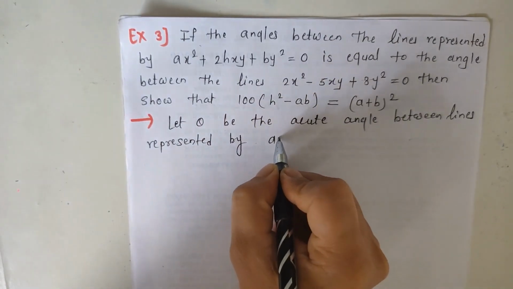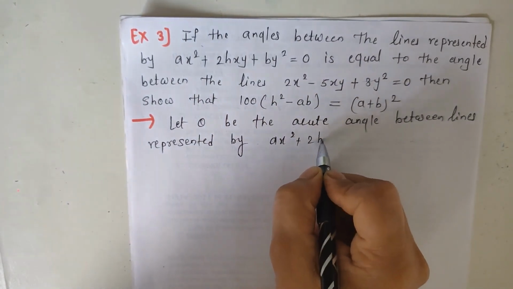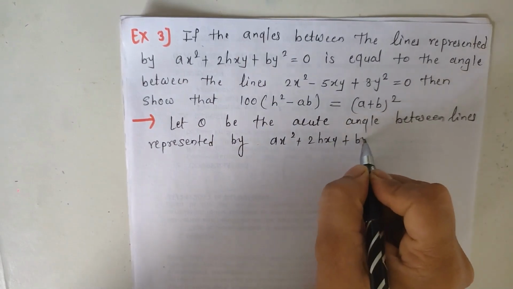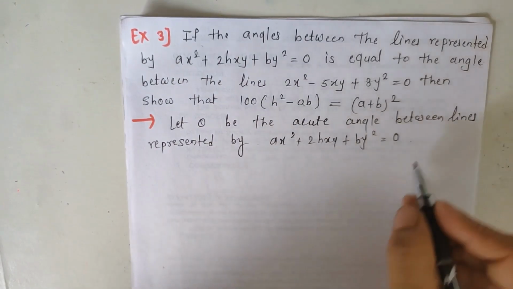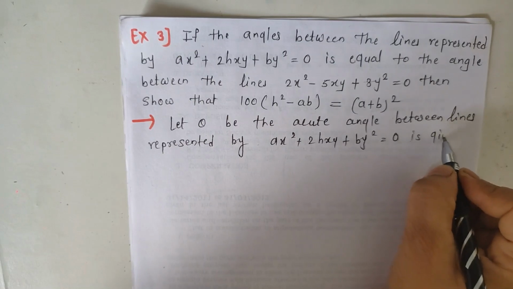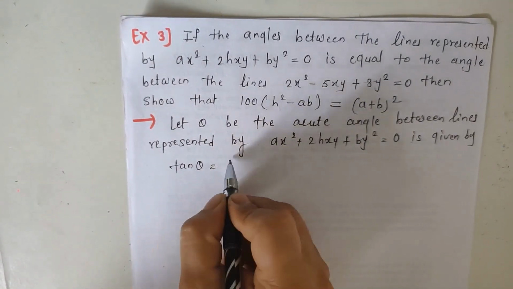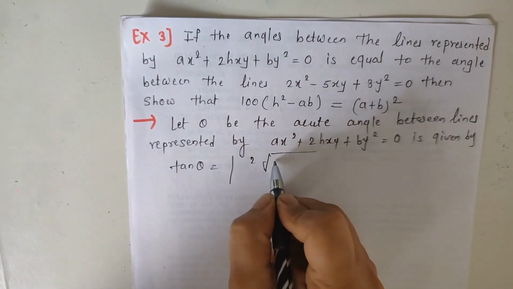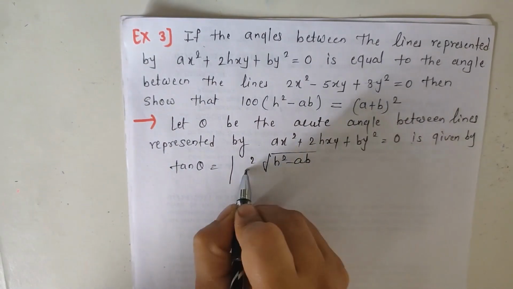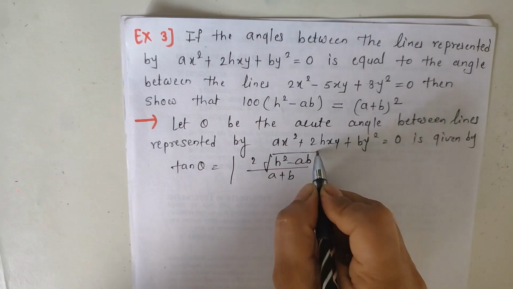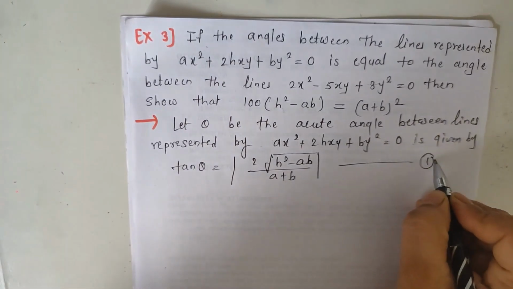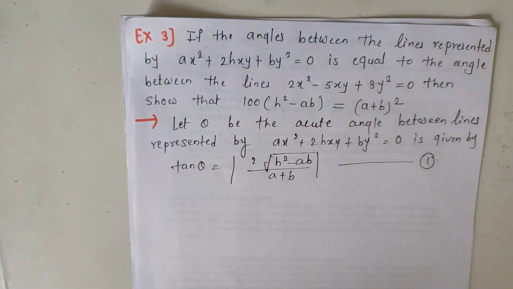For the homogeneous equation ax square plus 2hxy plus by square is equal to 0, it is given by tan theta is equal to mod of 2 under root of h square minus ab upon a plus b. This is called equation 1.